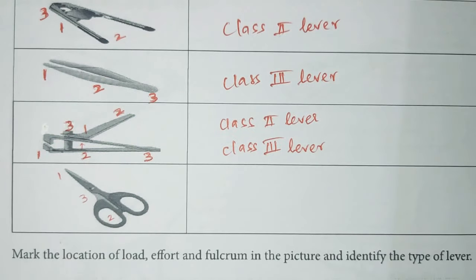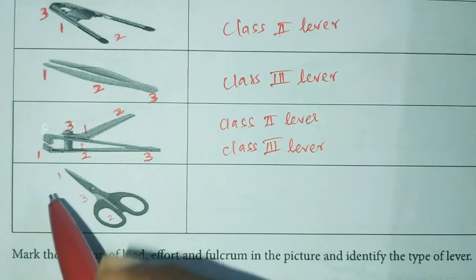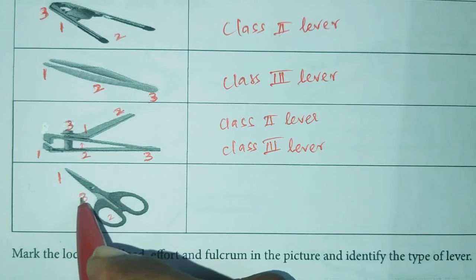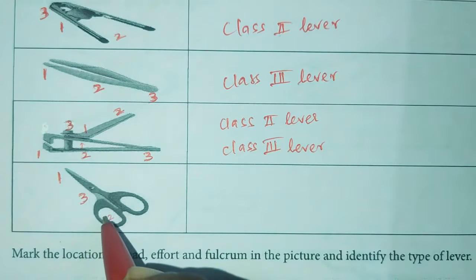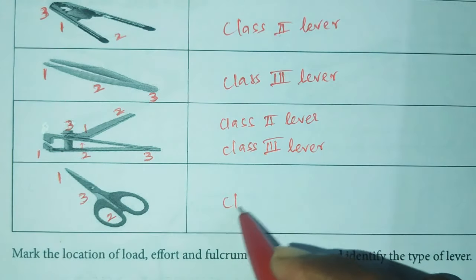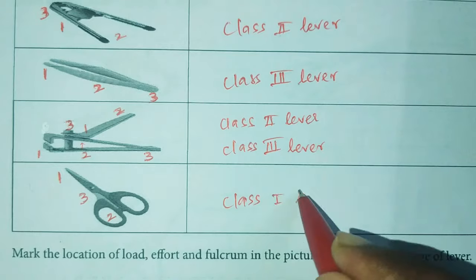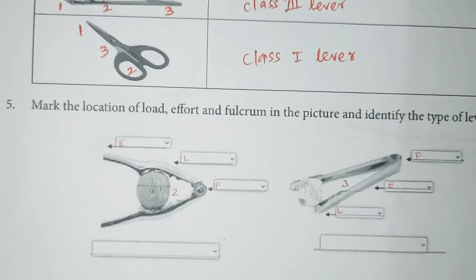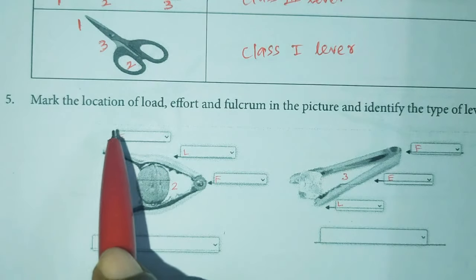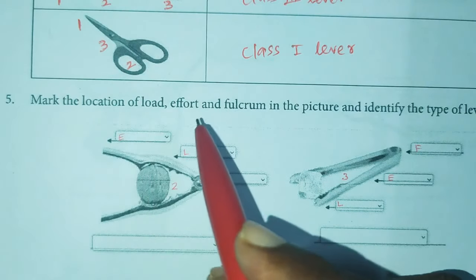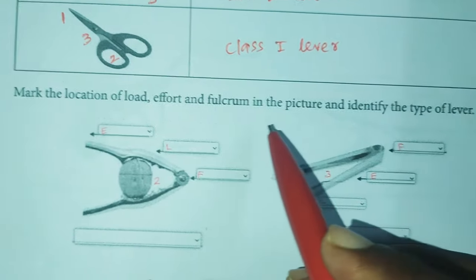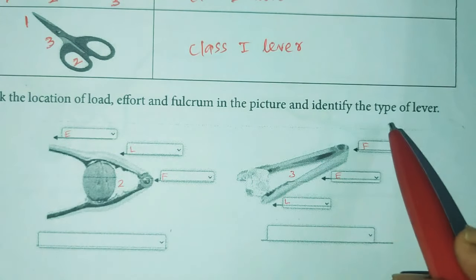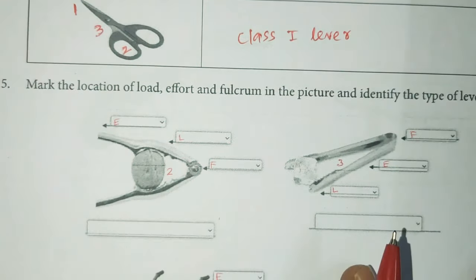Next, scissor: 1 for load, 3 for fulcrum and 2 for effort. So this is class first type lever. Next, fifth one: mark the location of load, effort and fulcrum in the picture and identify the type of lever.